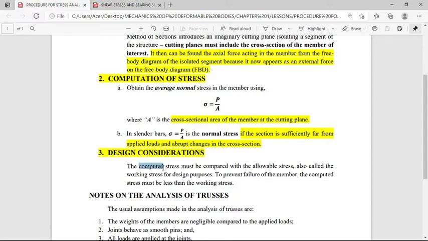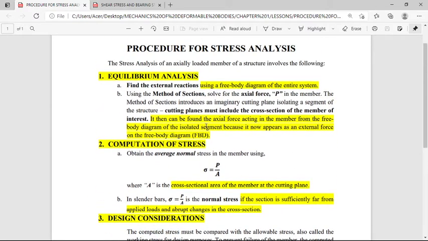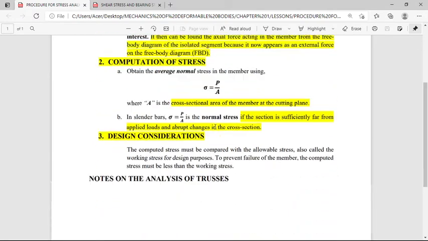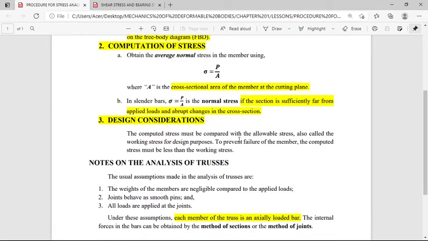From the word itself, computed. Siya yung na-compute nyong stress from the external load na sinolve mo naman from step 1, from equilibrium analysis. Okay? By the principles of statics of rigid bodies or equilibrium mechanics.